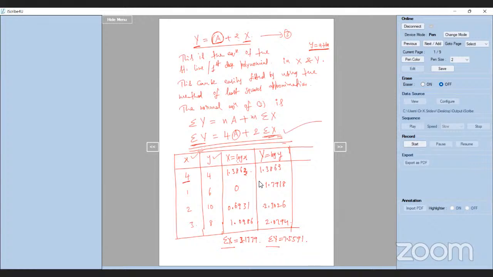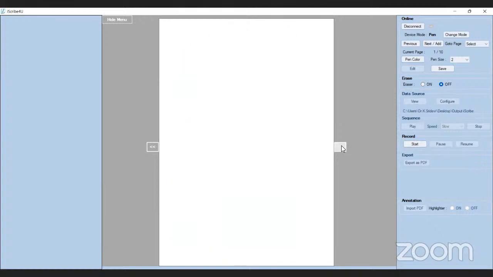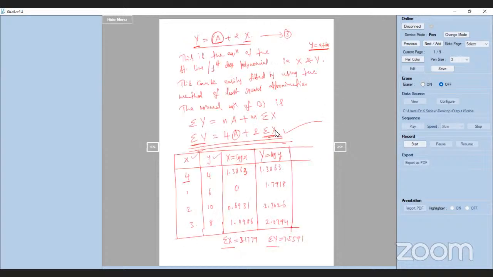Now substitute the relevant values in the equation. Which equation? Give equation number 4 for this one.